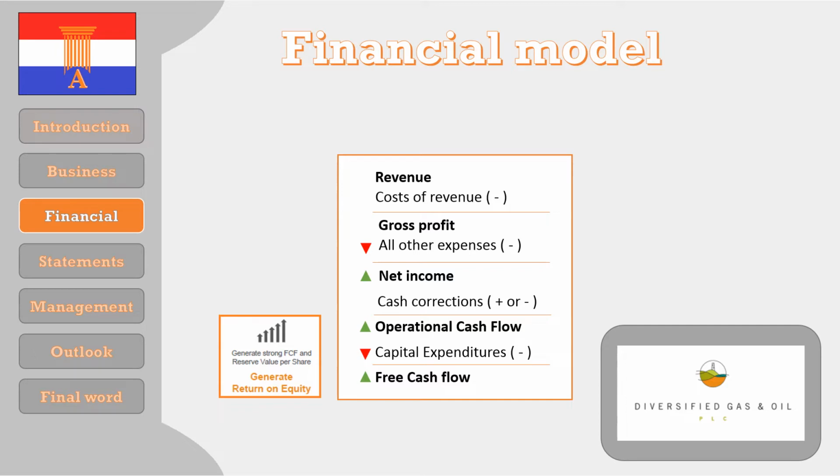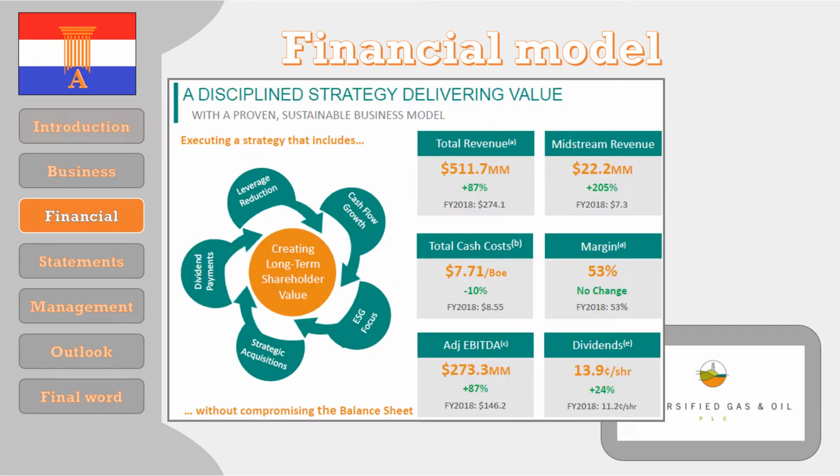You want to reduce your expenses if you want to increase your net income, or you can reduce just the cost of revenue, but above all you want to be increasing your revenue. So we're going to check if everything is basically happening as we want to, if it's either growing or actually decreasing. So let's have a look.